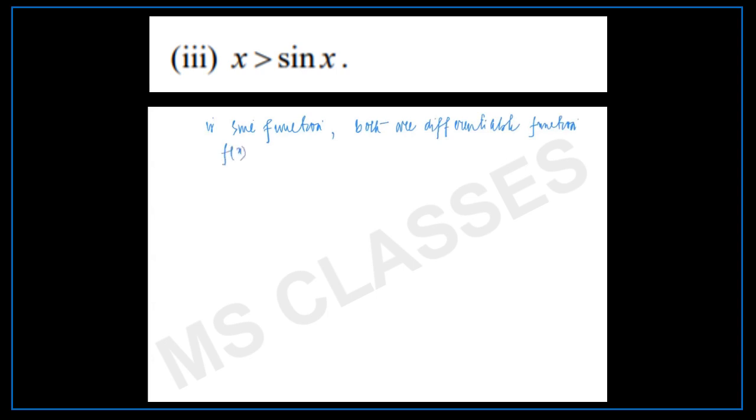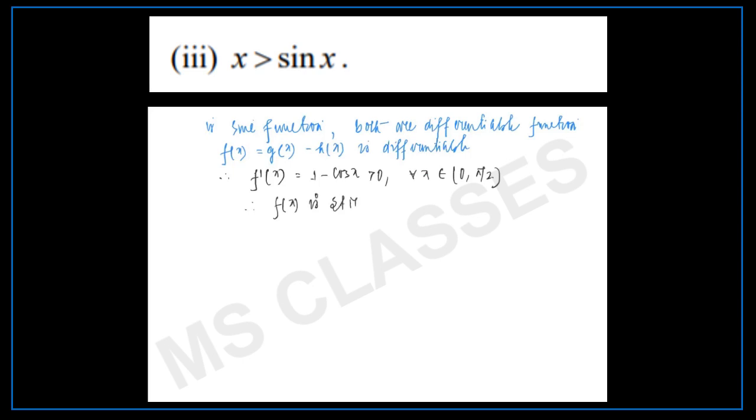f(x) equals to g(x) minus h(x) is differentiable. Therefore, we find f dash x is 1 minus cos x greater than 0 for all x belongs to (0, pi by 2). Therefore, f(x) is strictly increasing for all x belongs to (0, pi by 2).